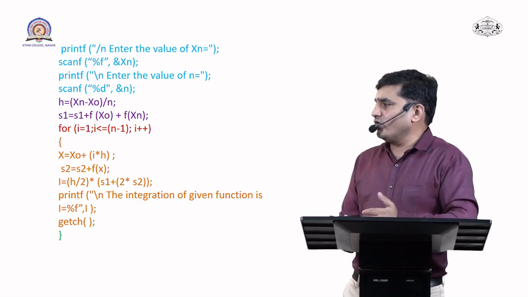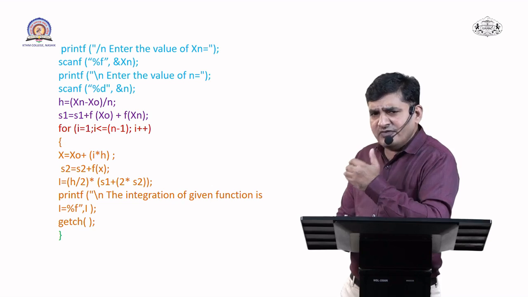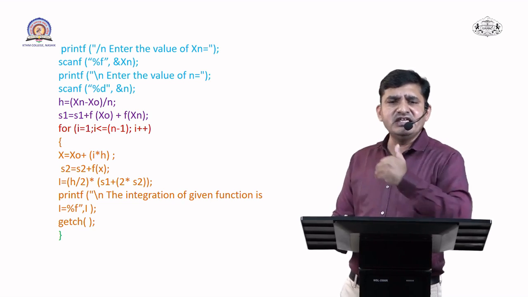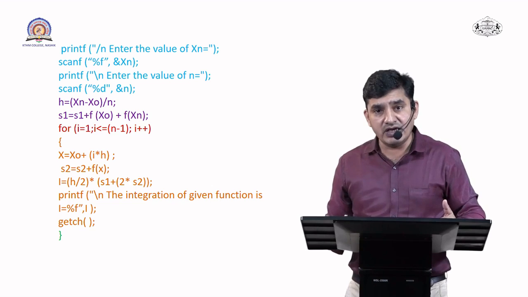Now we use a for loop, and in a for loop first is the initialization. We initialize i is equal to 1.